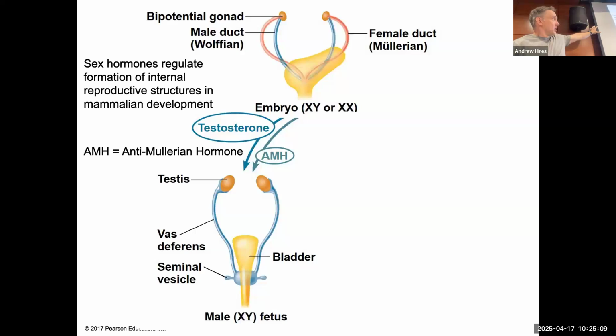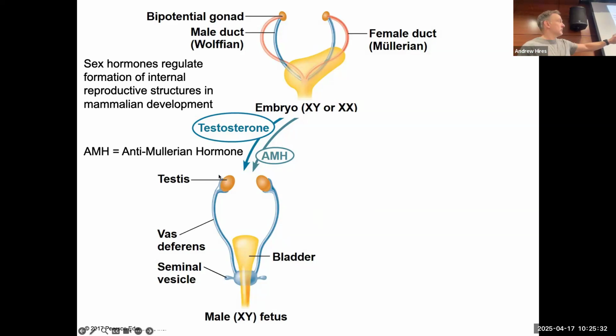So if you have XY, the Y has an SRY gene, which is going to cause the differentiation into the testes. So once we have a differentiation and development of the testes, those are going to start to make testosterone.